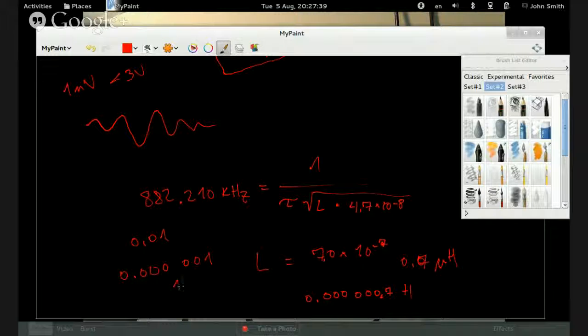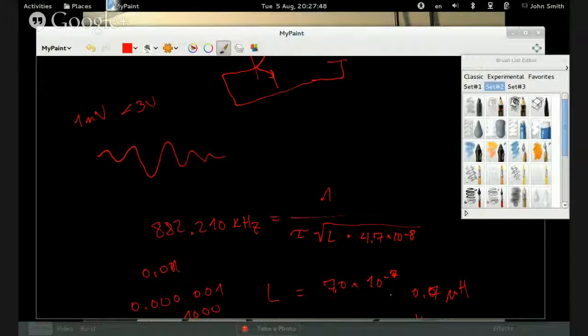We have 10 with 2 zeros. 0.001 times 4.7 e to the minus 8, square root, and then inverse.